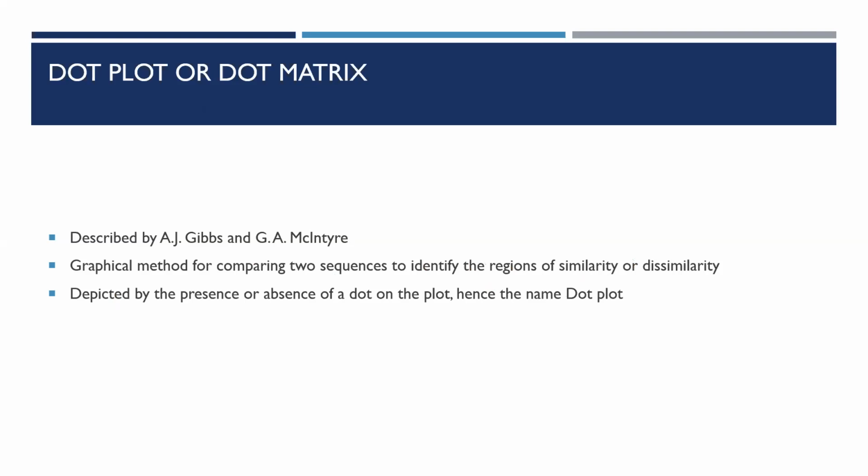If there are more dots present on the plot space, it indicates that the two sequences under consideration are more similar. That is how similarity or dissimilarity is depicted by the presence or absence of a dot on the plot space, which is why this method is called dot plot or dot matrix.